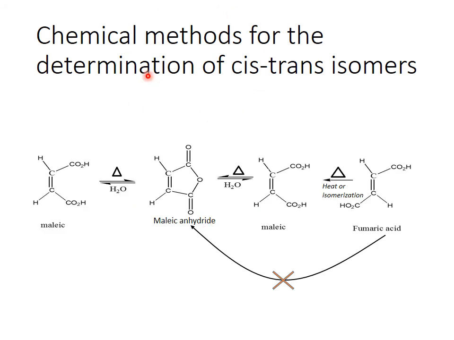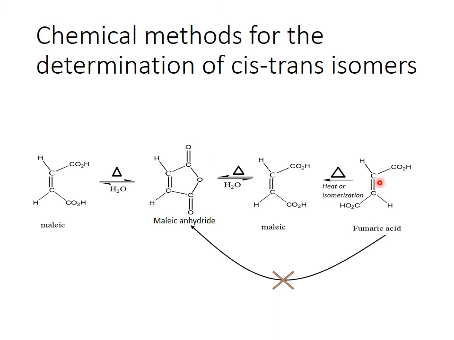Coming to the chemical methods that can be used for distinguishing between cis and trans isomers, the best example is malic acid and fumaric acid. Malic acid is a cis isomer and fumaric acid is a trans isomer. Upon heating, malic acid is easily converted to the corresponding anhydride at a lower temperature. But if you apply the same temperature to fumaric acid, it won't undergo easy cyclization to form the corresponding anhydride.